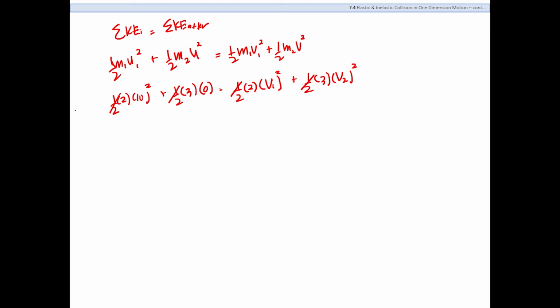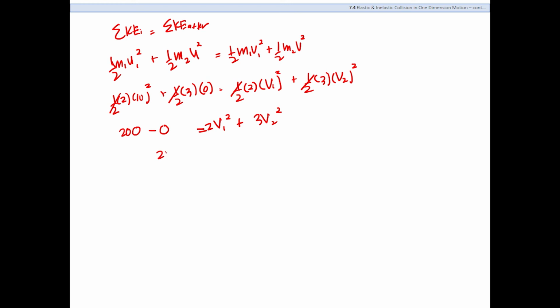So 2 times 10 to the power of 2 gives us 200, minus 0, equals 2 v1 squared plus 3 v2 squared.